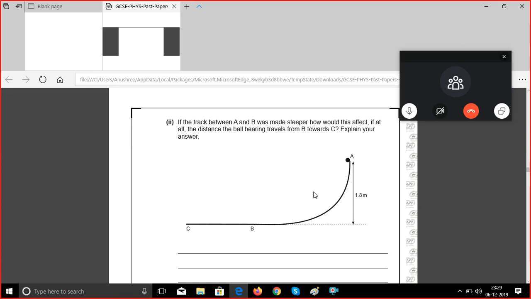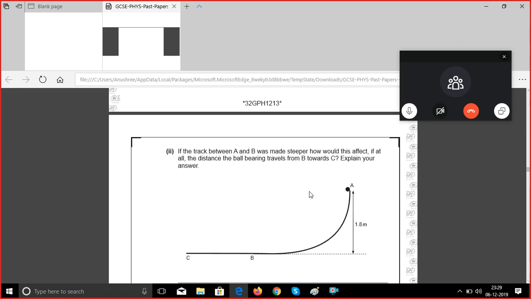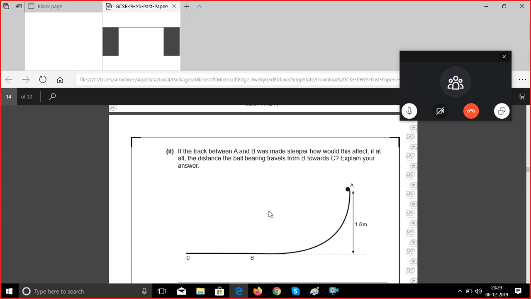So the distance the ball bearing travels from B towards C, from this point to this point.